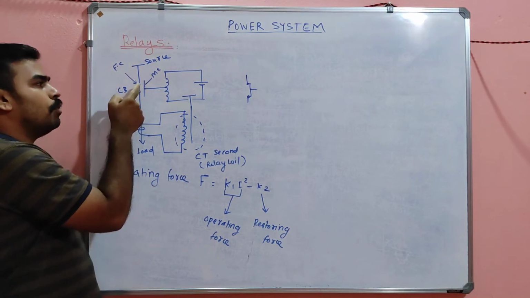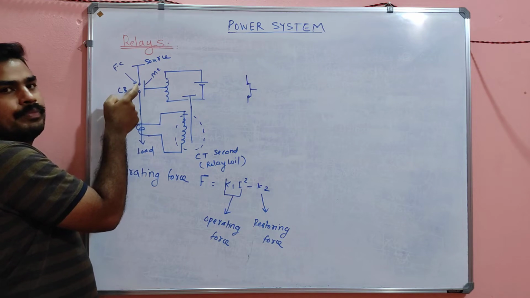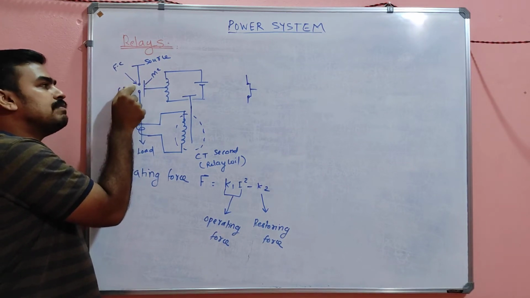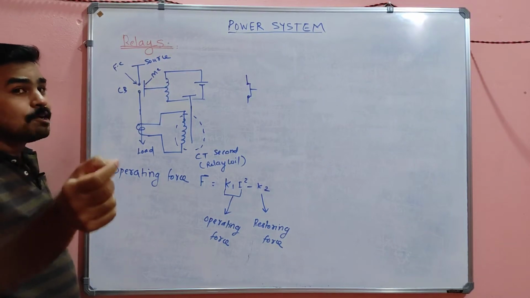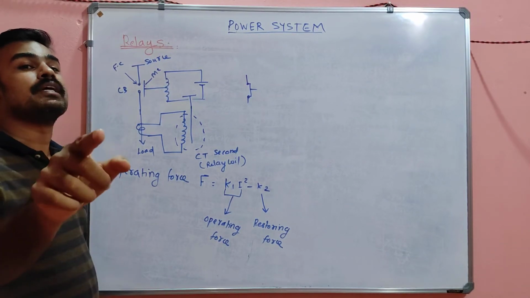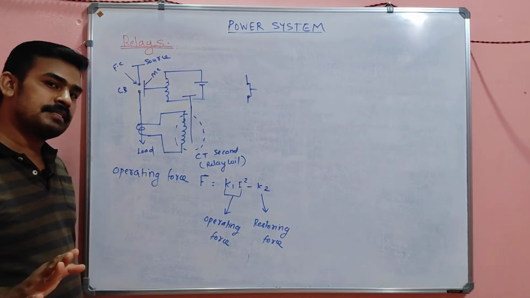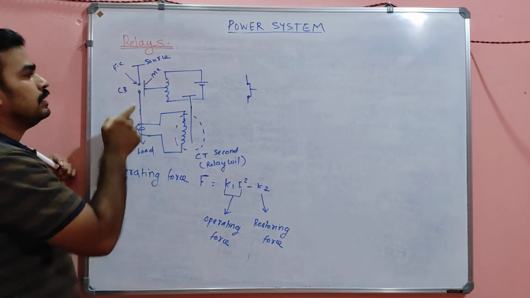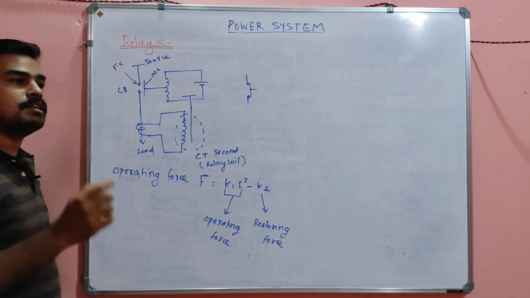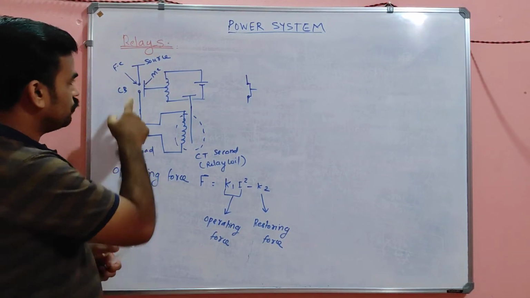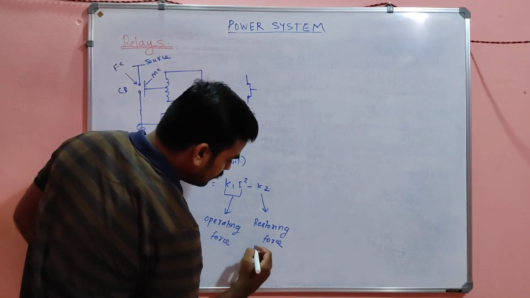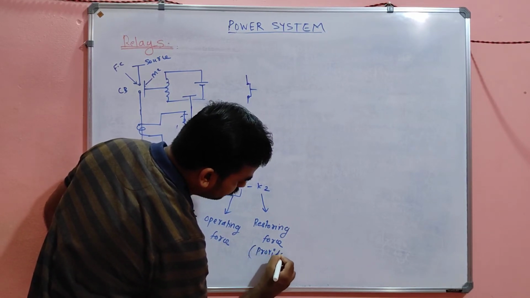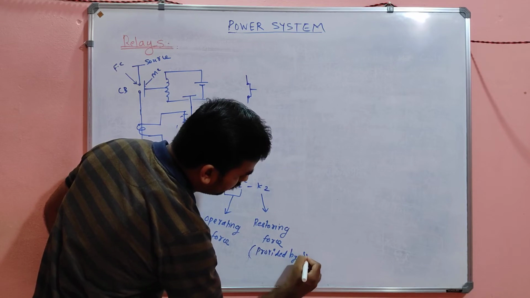The force required to hold this moving coil against the fixed coil is called the restoring torque. Is it clear? So in this simple relay, the restoring force is provided by a spring.